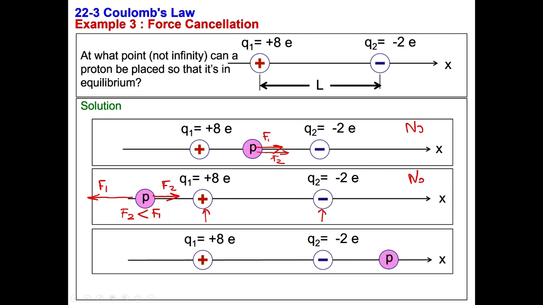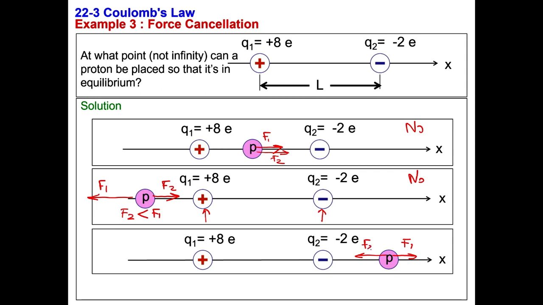Okay, let's take the third situation. Now we place the proton to the right, and do the same thing. Let's start with this proton. Proton and proton, there is a repulsive force. The distance is large, so I expect the force is going to be small, F1. Now this is a negative charge. Negative charge and positive charge, there will be attraction, so this is F2.